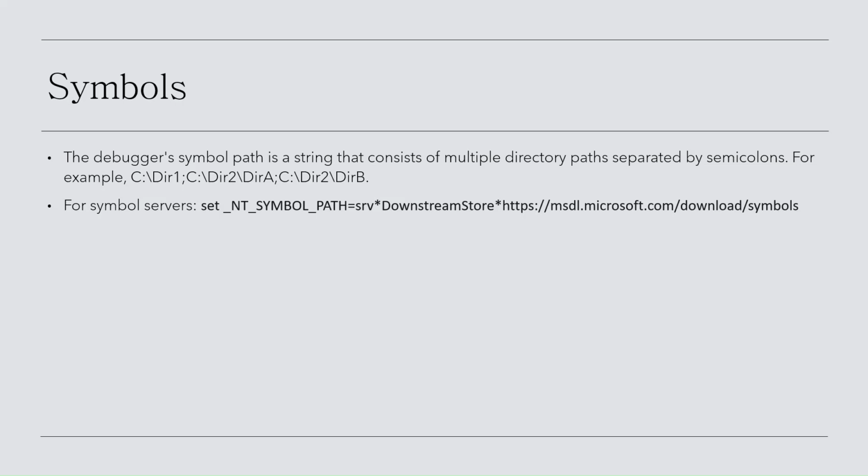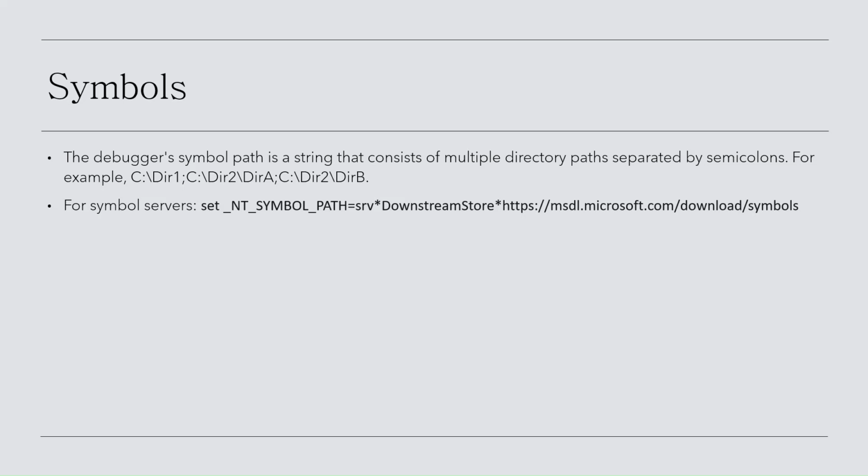For example, when you are debugging a process for which you need some of the symbols of Microsoft DLLs, Microsoft has a public URL where you can download all the PDBs. This is what it looks like, the one starting with msdl.microsoft.com. Then you point your debugger to this location, so the debugger will search for the PDBs in this location.